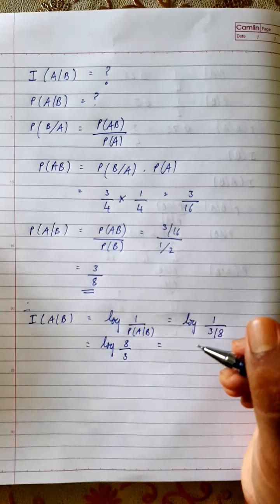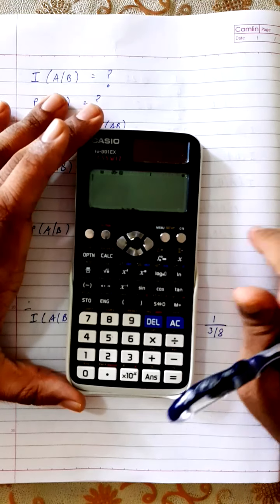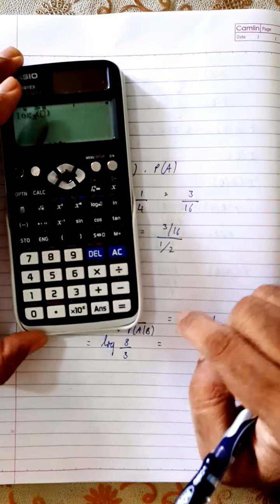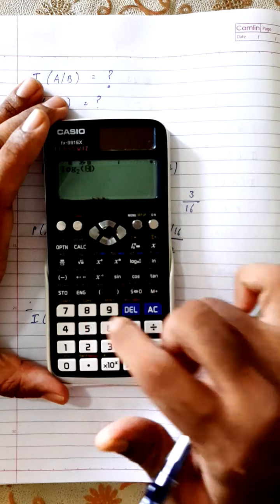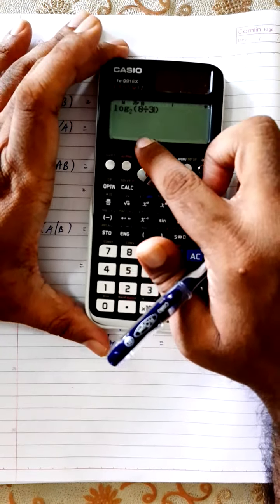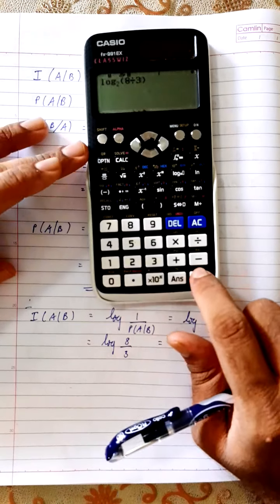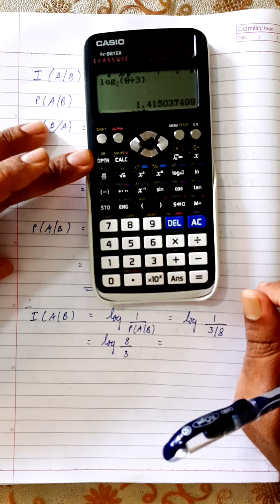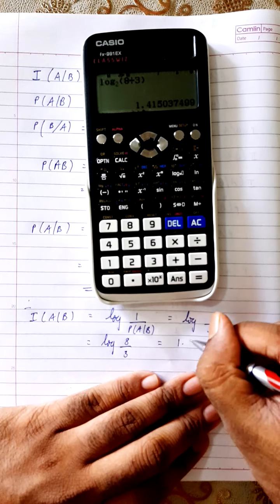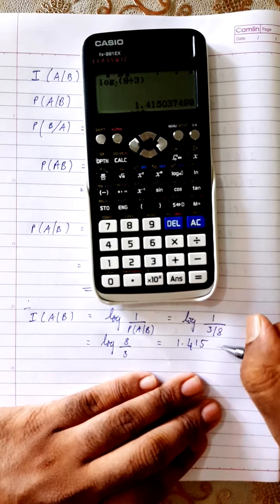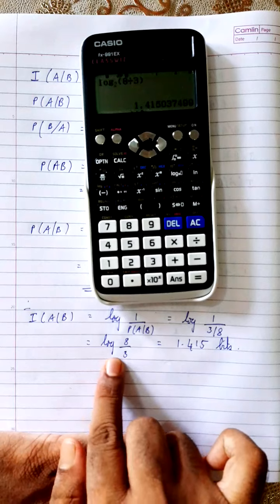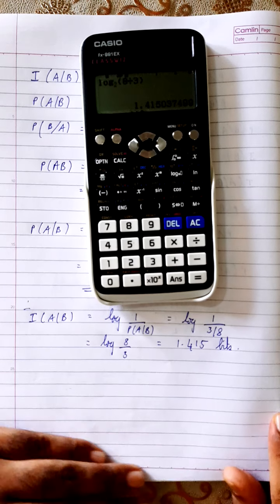The base is 2. Log of 8 by 3 to the base 2 is 1.415. So this is 1.415 bits. Don't forget the base is 2.